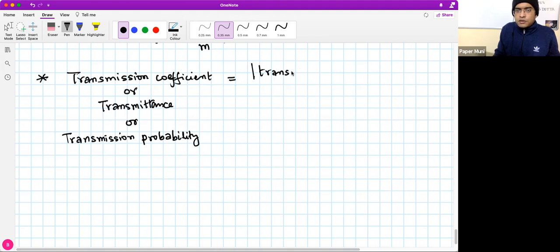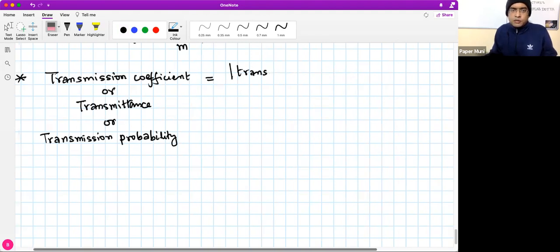So transmission, now I'm writing it in short. There's no standard notation, but I'm just using it here. Probability current density, or should I write it completely? Let's write it completely, because if somebody is watching this video from the midpoint, it will not make sense to them.